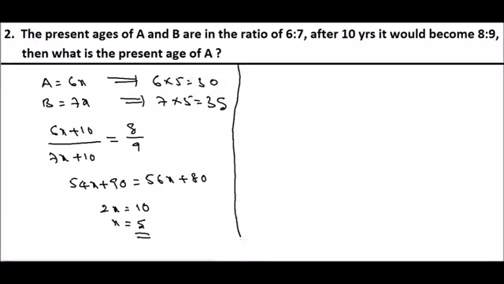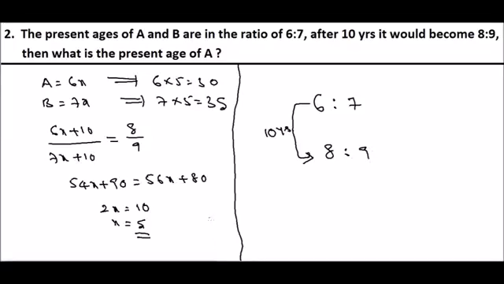Now let us do the same problem with the shortcut method. Now focus on this one. What is the shortcut here? Present ages of A and B are in the ratio 6:7. Then after 10 years, the gap is 10 years. After 10 years, it has become 8:9.